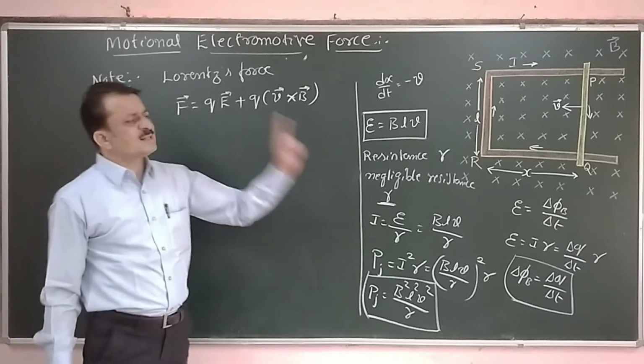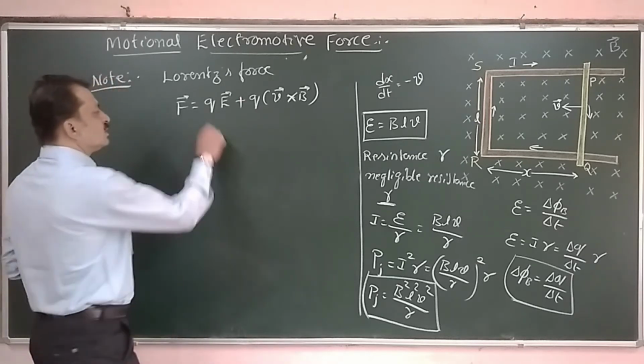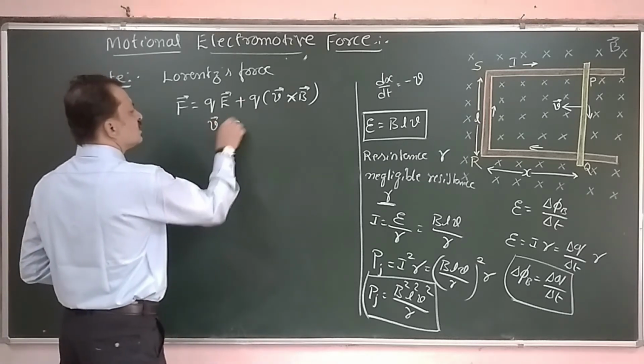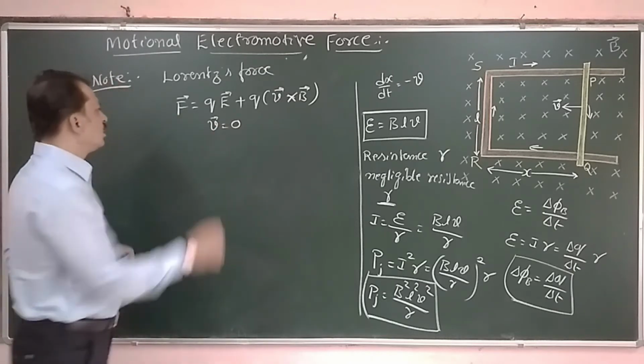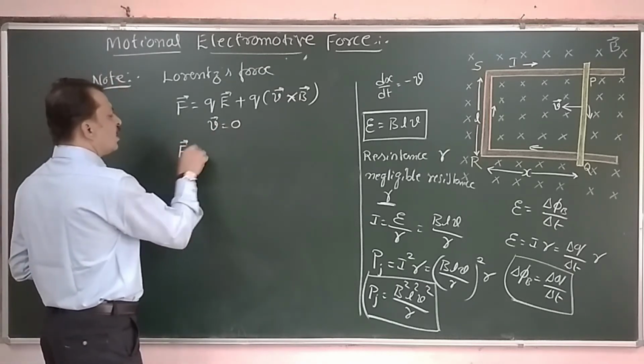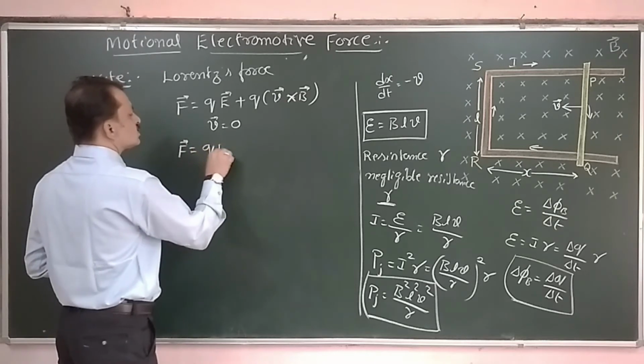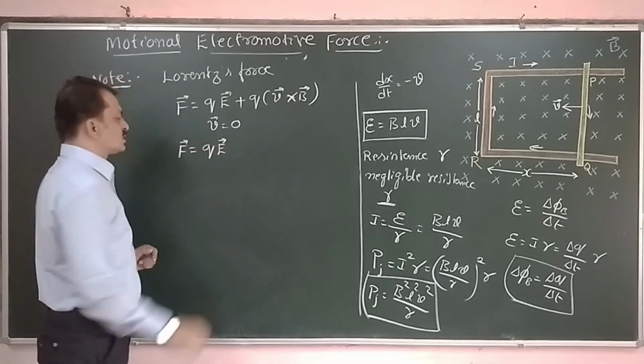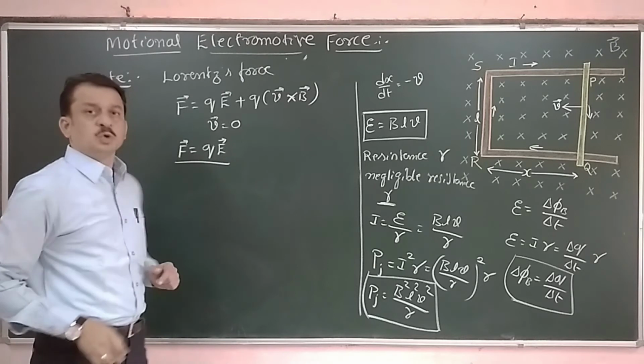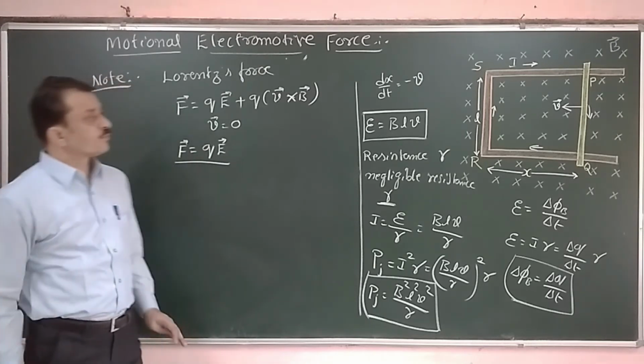Now here the conductor is kept constant. Since the conductor is constant, its velocity becomes 0. Therefore, the force on the charged particles is due to the electric field.